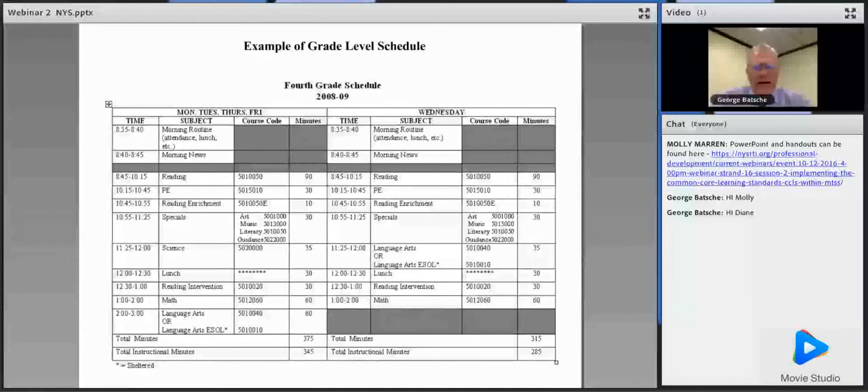Some ways that schools do that is, particularly at the elementary level, they will organize instruction using thematic instruction. So they integrate reading, science, and math, a unit on dinosaurs. You read about dinosaurs, you do the science of dinosaurs, and you do math associated with dinosaurs.